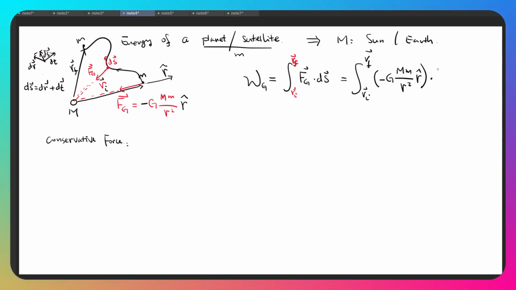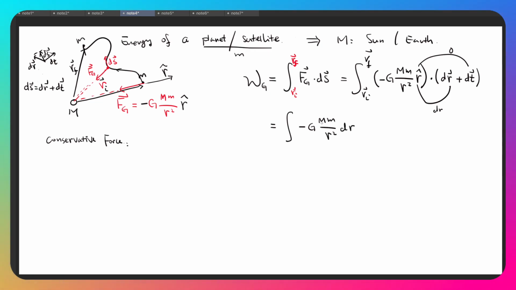Then r hat dot dr, because r hat is along the radial direction, gives us dr. Now if I do r hat dot dt, because they form a 90-degree angle, I get 0. So that's why this integral simplifies to negative G M m over r squared dr.